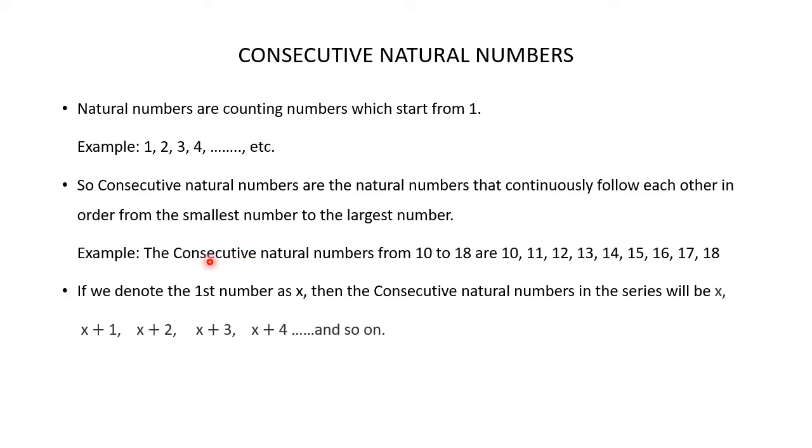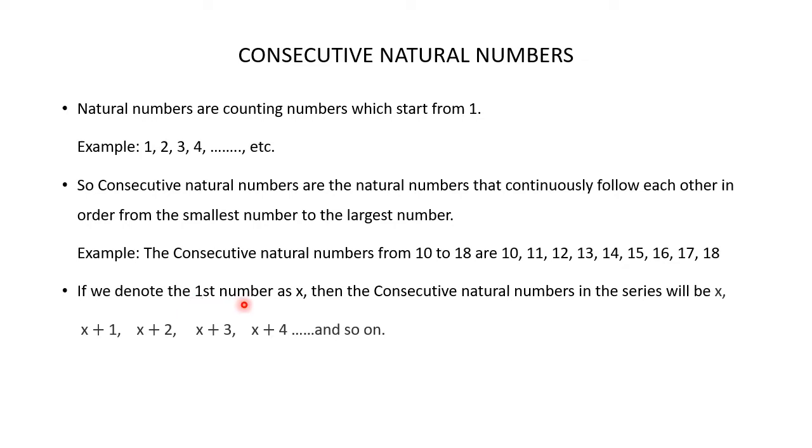Understand this definition with an example. The consecutive natural numbers from 10 to 18 are 10, 11, 12, 13, 14, 15, 16, 17, and 18. The numbers follow each other continuously from the smallest to the largest without leaving any gap.